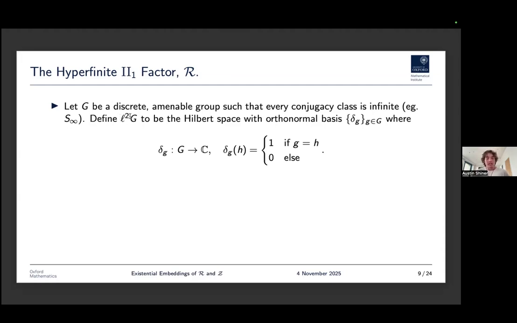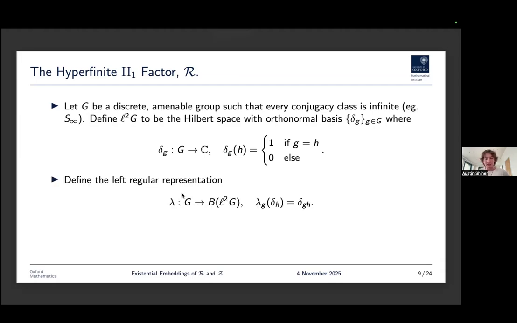We then define the space little L2 of G to be the Hilbert space with an orthonormal basis indexed by these functions delta G, where delta G is just the indicator function of the element G. So delta G of H is 1 if G equals H, and it's 0 otherwise. So this is a Hilbert space where we declare this to be the orthonormal basis.